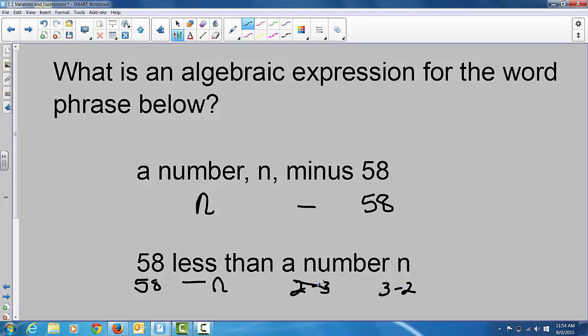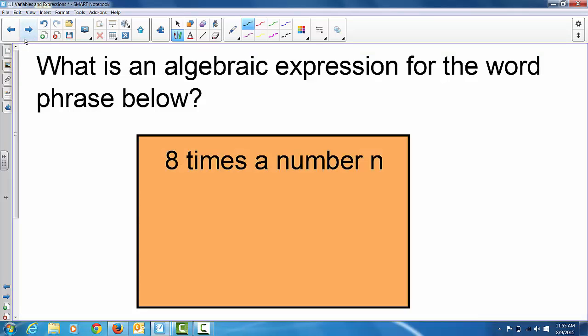So this does not work. If we see less than, we've got to remember to switch the order of the letter and the number, okay? So this would not be 58 minus n. This would be n minus 58. If it ever gets confusing, you just go back to using numbers, and that way you can figure out how it should be when you're using a letter.